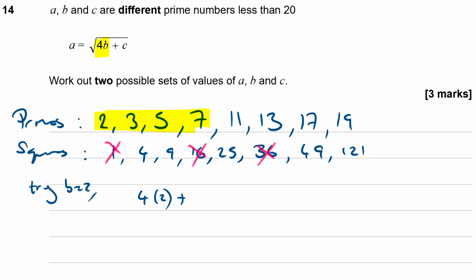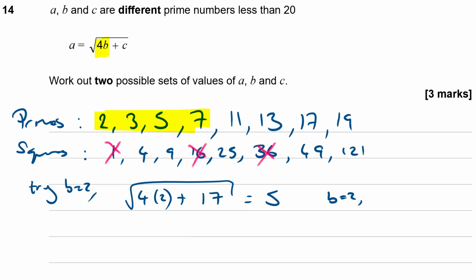That doesn't work. 8 plus 7 is 15. Nope. 8 plus 11 is 19. 8 plus 13 is 21. 8 plus 17 is 25. Now that is one of our options. So 8 plus 17 is 25, and when I square root it, the square root of 25 is 5. So that's one possible solution, isn't it?